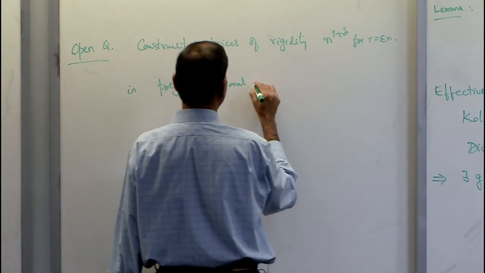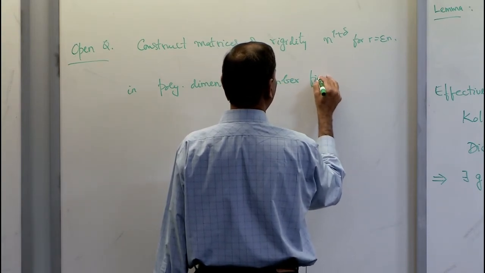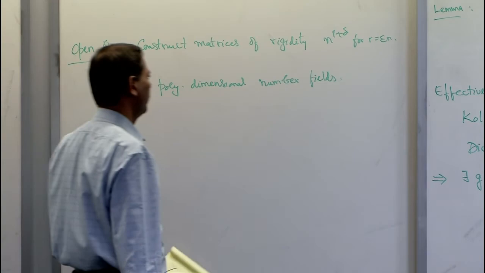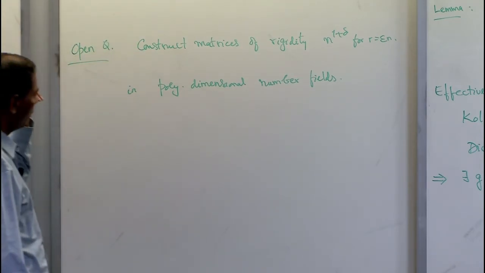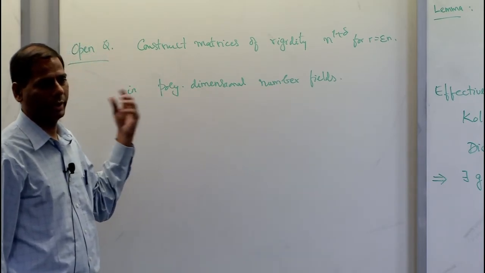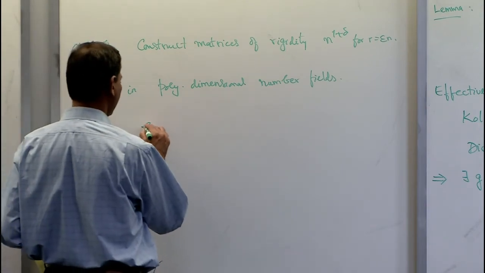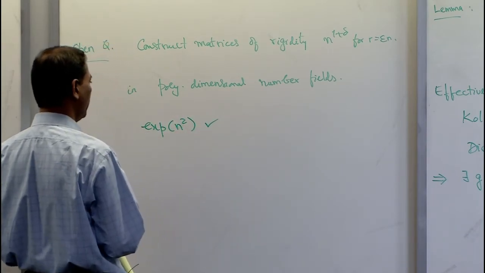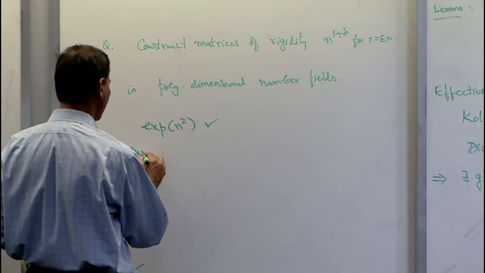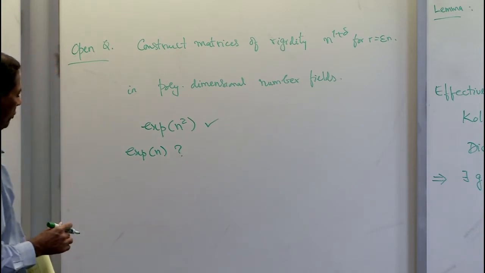So we are not asking for explicit in the sense of exact deterministic or polynomial time computability, but just put the entries of your matrix in a number field of polynomial dimension. If this is exponential dimension, we know how to do it. If it's exponential in n squared, we know how to do it. I don't even know how to do it in exponential in n. But polynomial dimension would be very interesting.